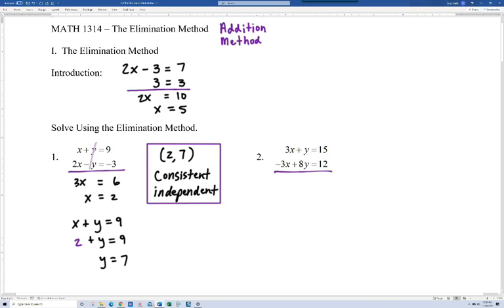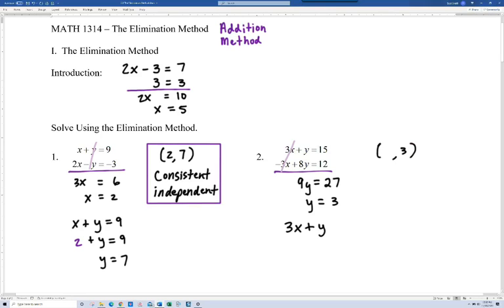All right, so let's go ahead and add the left sides. The x terms are going to cancel each other out, and we're going to have 1y and 8y is 9y, 27 on the other side. So you can see y is going to be 3. And so far we've found the y value of an ordered pair.